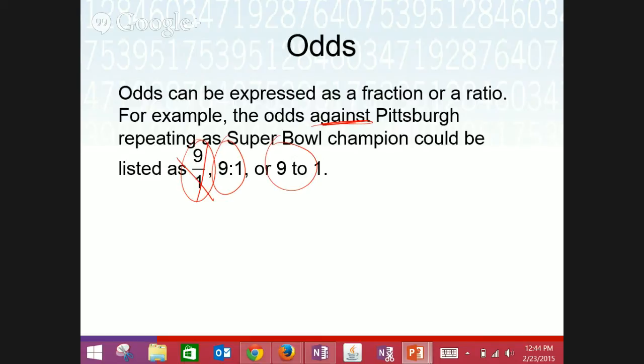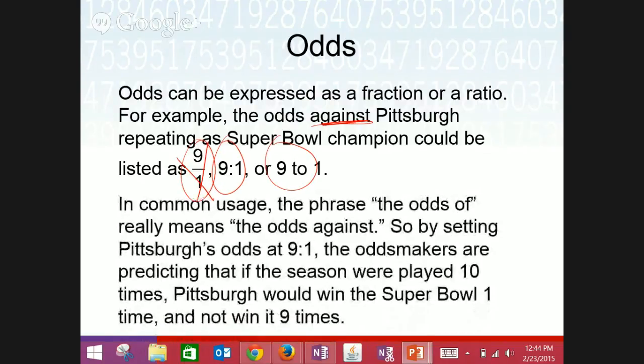Here they say the odds against Pittsburgh repeating a Super Bowl championship is 9-1. They could say the odds in favor is 1-9. So order here matters. If they switch it for or against, you can switch the order.